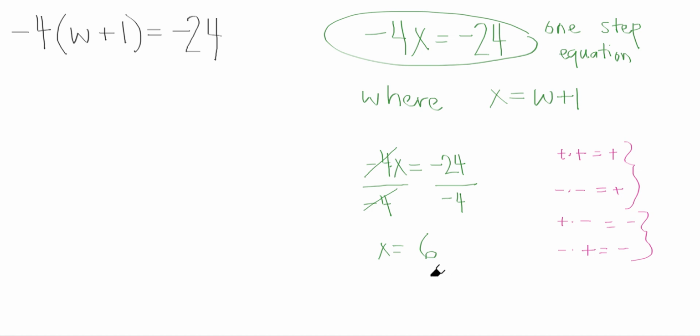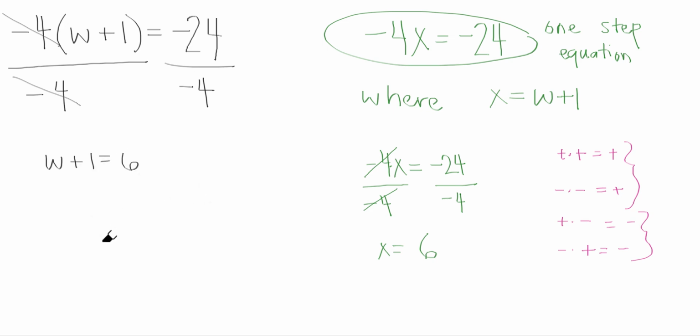So with that, you want to take that back over here, right? So you pretend like this w+1 is just some variable x, and you divide both sides of the equation by -4 to cancel out that -4 that's in front of the parentheses.